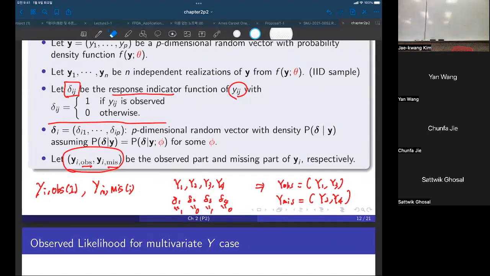That means for each unit i, this vector may change for different rows, right? So to be rigorous, we have y_obs,i and y_mis,i, but conventionally we don't use the subscript i, just for simplicity.